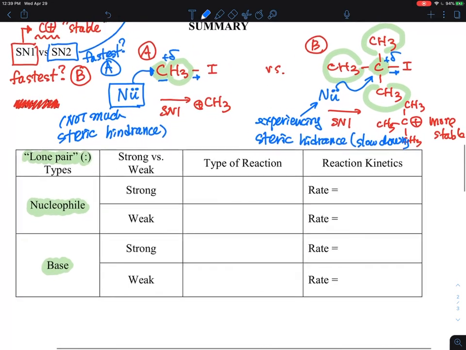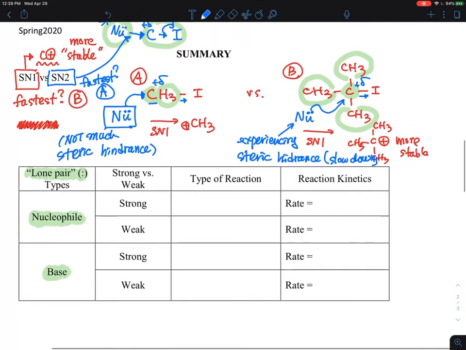So let me finish up this table here. When you think about the nucleophile, we use the notation like this, whereas for a base we use something like this. When you have a strong nucleophile or a strong base, I'm solving it in a different way than other sessions.